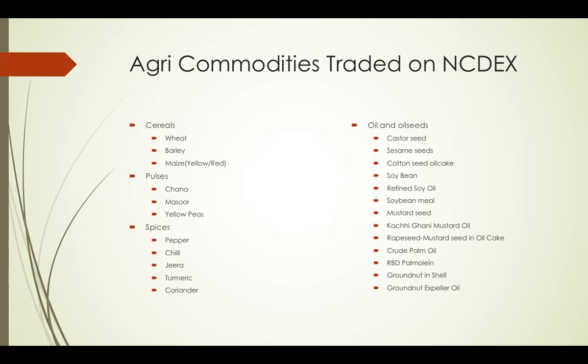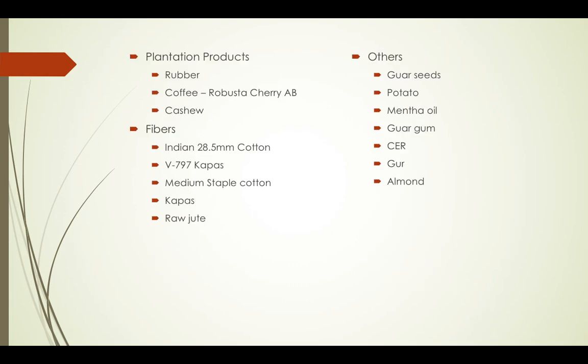Cereals include wheat, barley, maize; pulses like chana, masoor; spices like chili, jeera, pepper; oil and oilseeds like sesame seeds, soybean meal, refined soya oil, crude palm oil, groundnut in shell; plantation products like rubber, cashew; fibers like kapas, raw jute; and other products include guar seeds, potato, mentha oil, guar gum, almond.